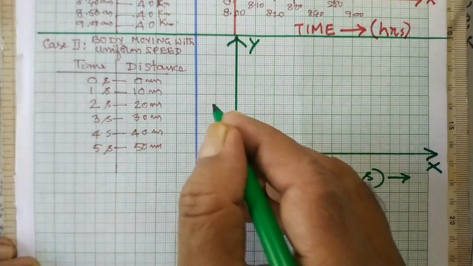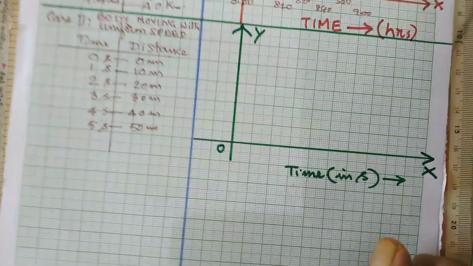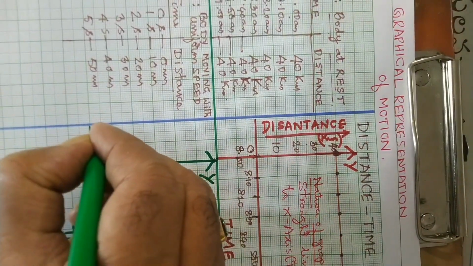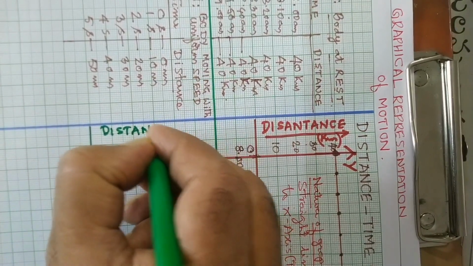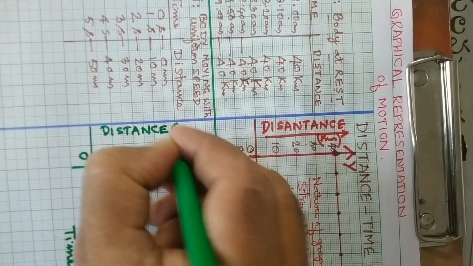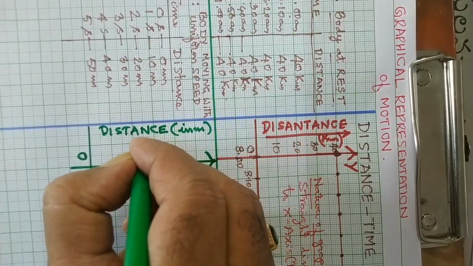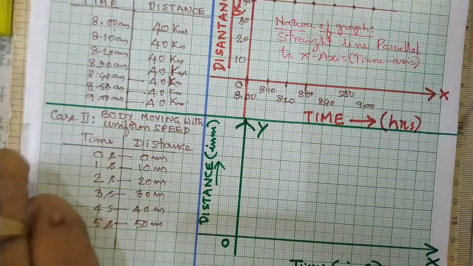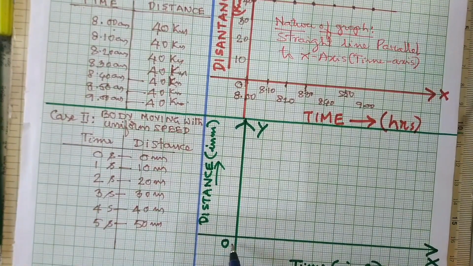Now here we take the distance, and distance I am taking here in meters. You remember, in meter, in this direction. This is m in meter. Okay. Now for the sake of understanding, here it is 0.